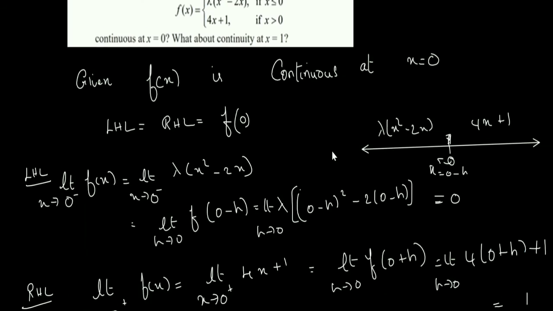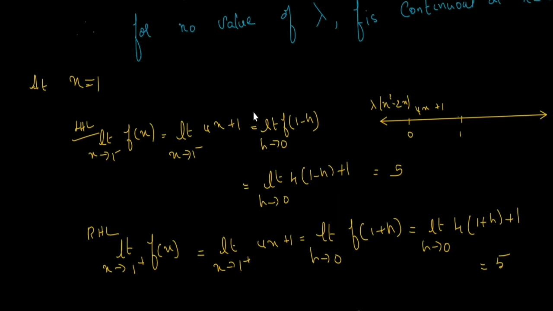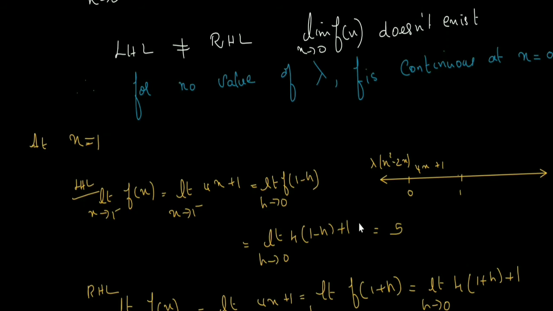Now the same question, they ask you to find the continuity at x is equal to 1. For what value of lambda is the function continuous at x is equal to 1? Now let us see at x is equal to 1. The function is given as, less than 0, lambda x square minus 2x, and greater than 0, it is 4x plus 1.